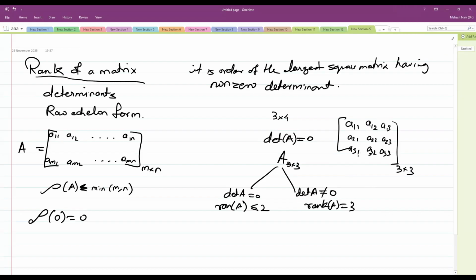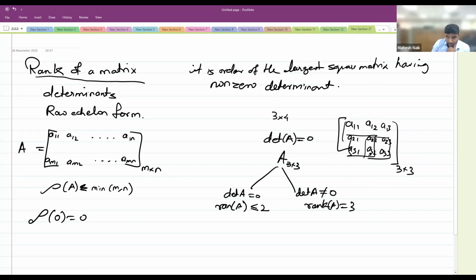So 4. 4? No, sir. There will be more, I guess. Okay, we can use combinations and we can see how many possible submatrices of order 2 can be extracted from this.